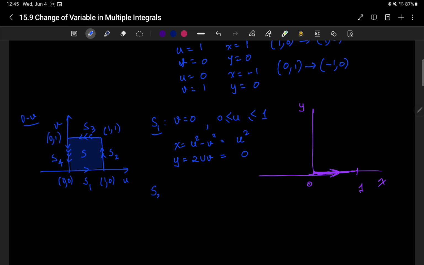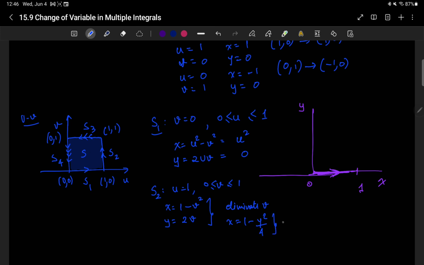Okay, let's look at S2. S2 is u equals 1, and then v is going from 0 to 1. So x becomes 1 minus v squared, and y becomes 2v, where we can eliminate v to get x equals 1 minus y squared over 4.